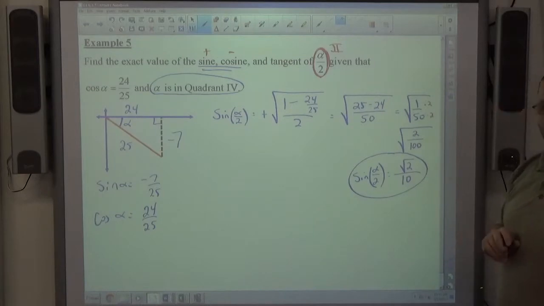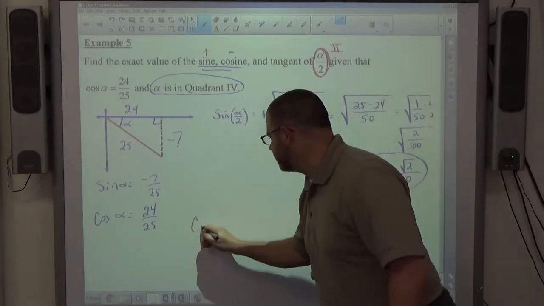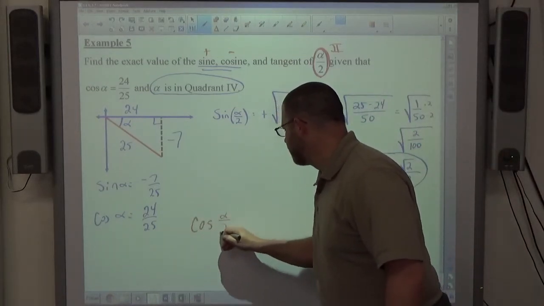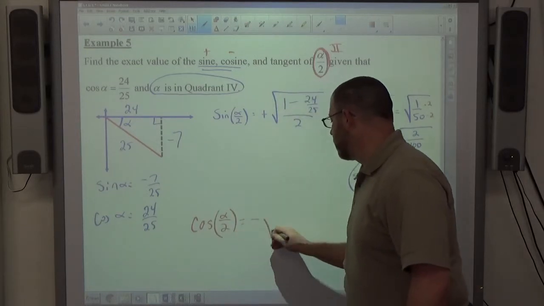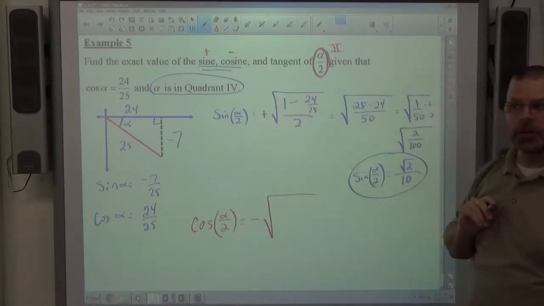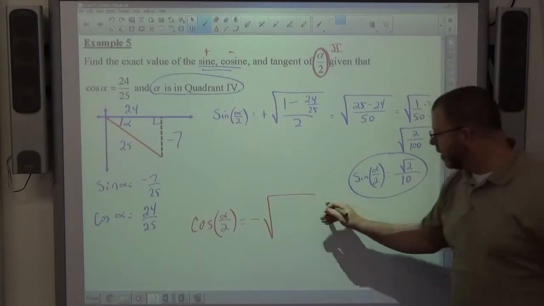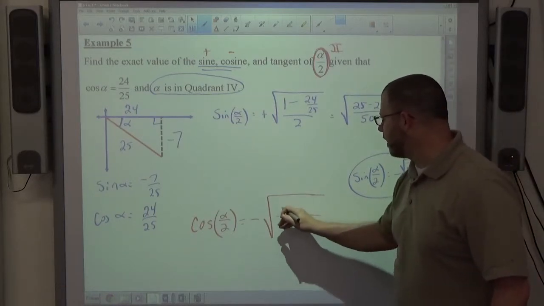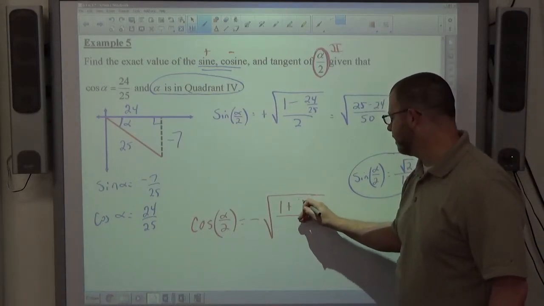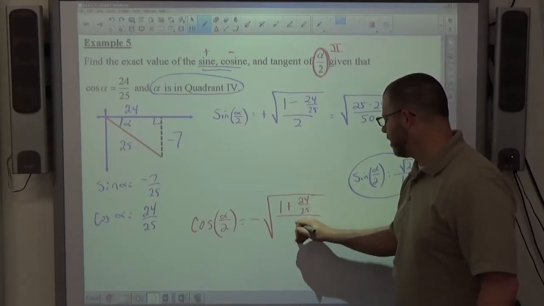If I move on to cosine of alpha over 2, same idea. Cosine of alpha over 2. This time it's a negative square root because we've already figured out we're going to be in the second quadrant. Second quadrant cosine is negative. The identity tells me I'm supposed to do 1 plus the cosine of alpha divided by 2.